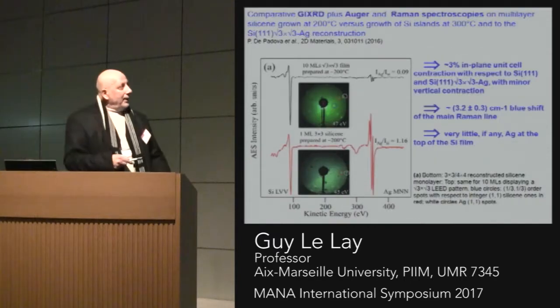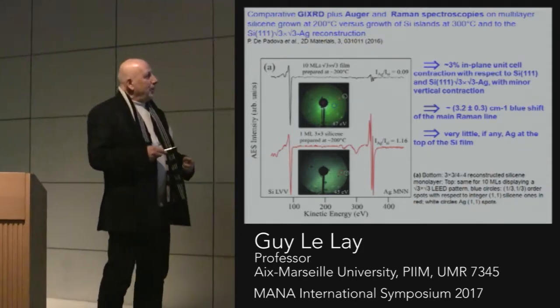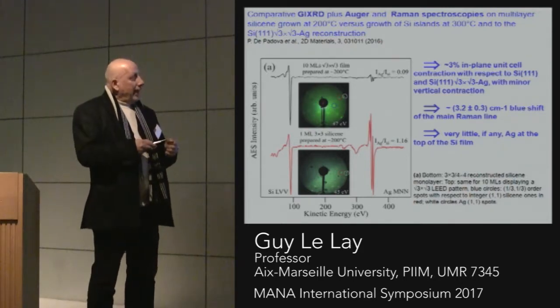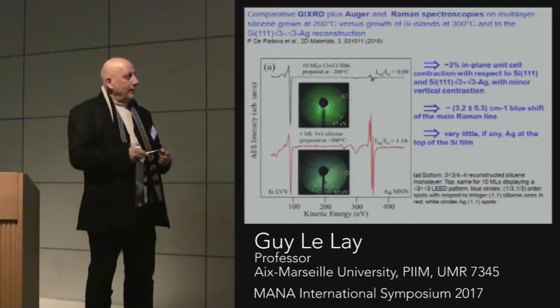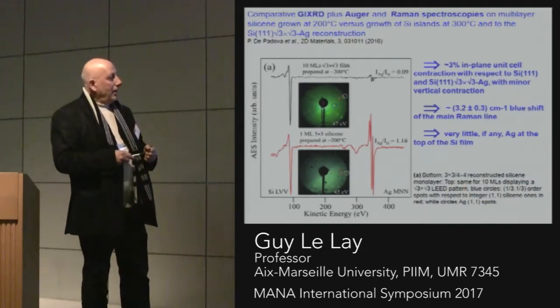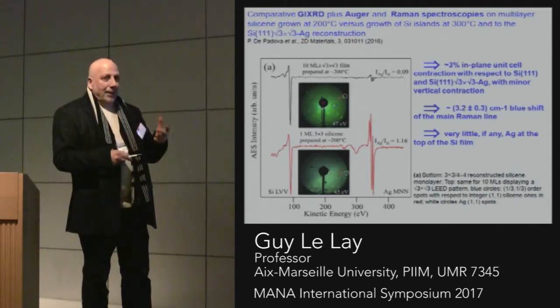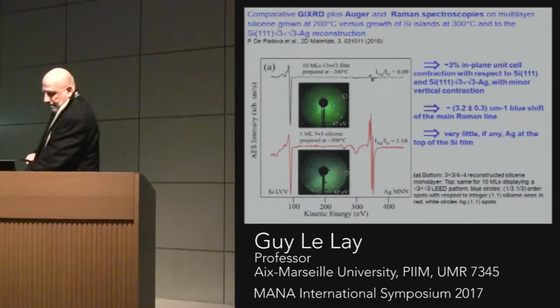We did also recently surface X-ray diffraction measurements. The unit cell is contracted by about 3% compared to silicon 1x1. It's a different material. The Raman is blue shifted. And if any, we have just very, very little silver on top.